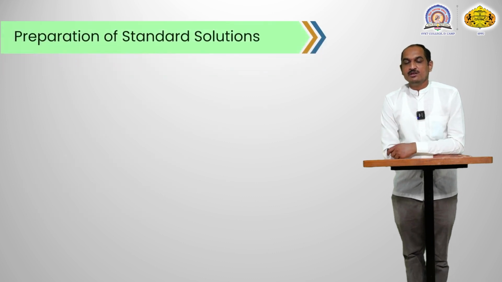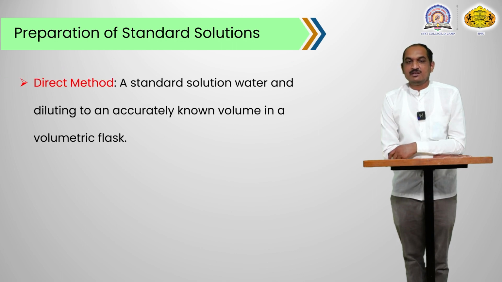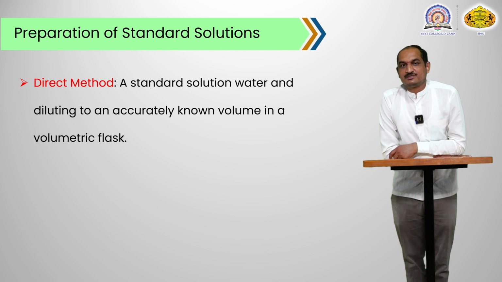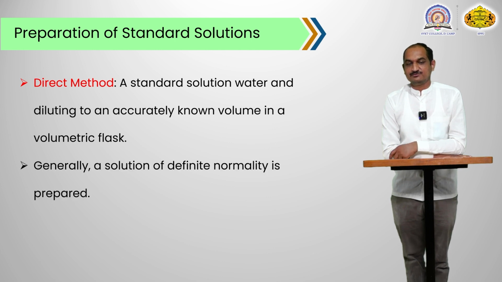So, our first point is the preparation of standard solution. For the preparation of standard solutions, there are two methods. First is the direct method and second one is the indirect method. First we discuss the direct method. In that, a standard solution is prepared by dissolving a weighed amount of substance in water and diluting to an accurately known volume in a volumetric flask.